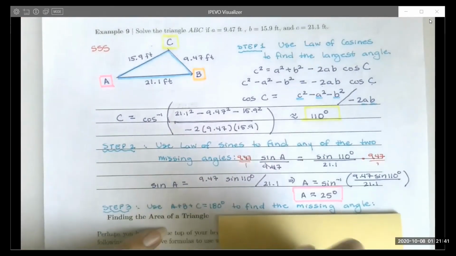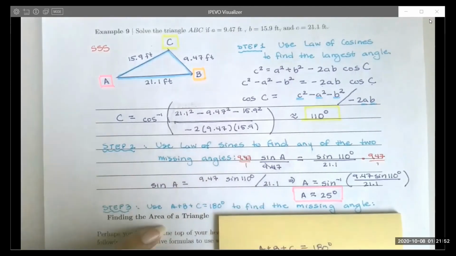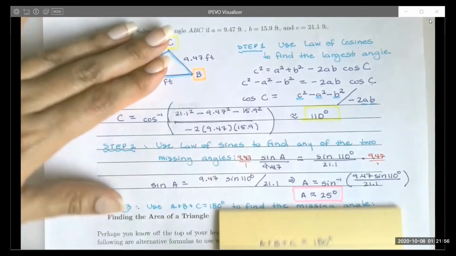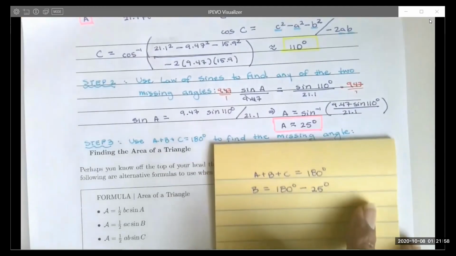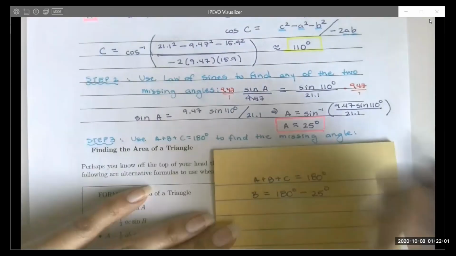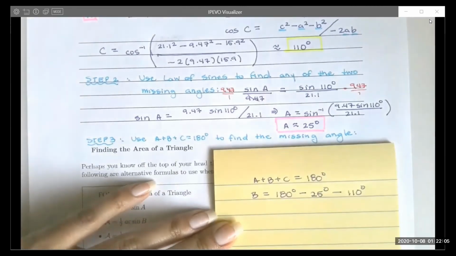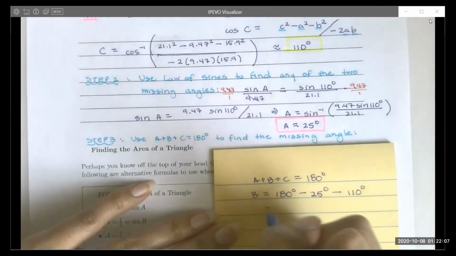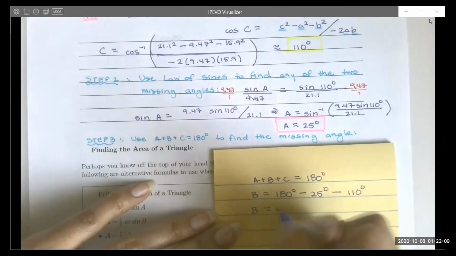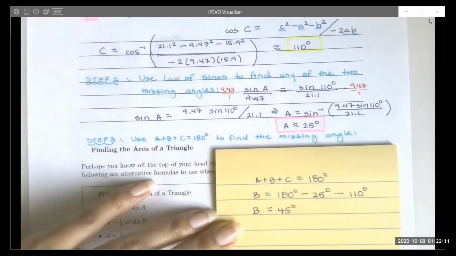I have A plus B plus C equals 180. So that means that B is going to be equal to 180 minus angle A, which is 25, and then minus angle C, which is 110. So that's 180 minus 135. So B is going to be 45 degrees.